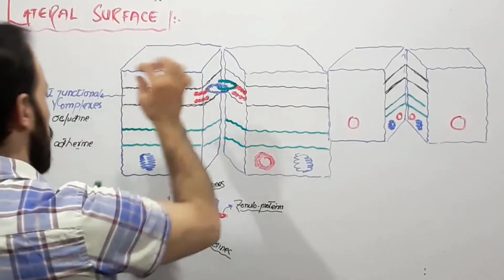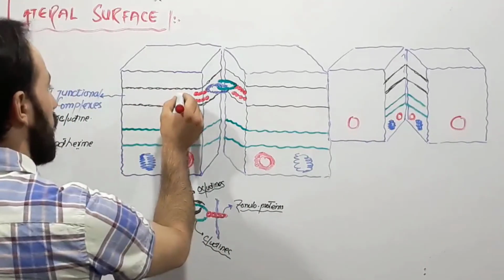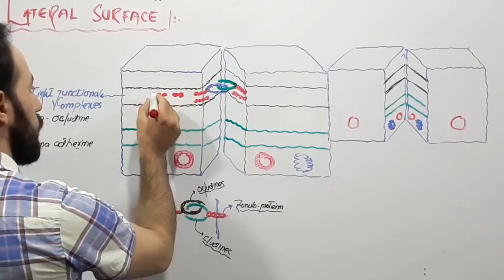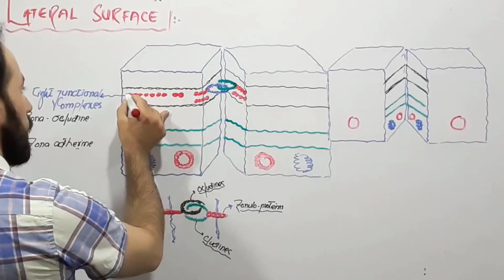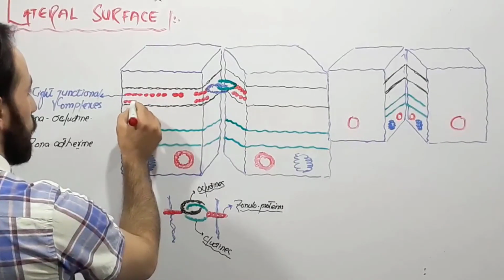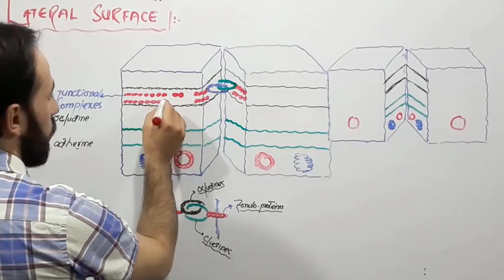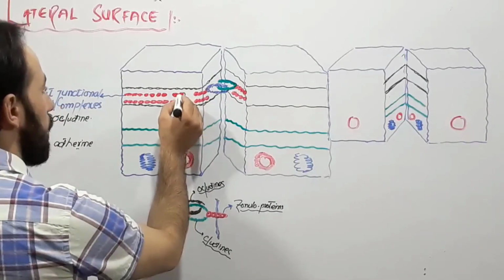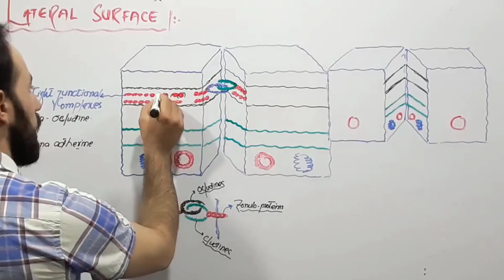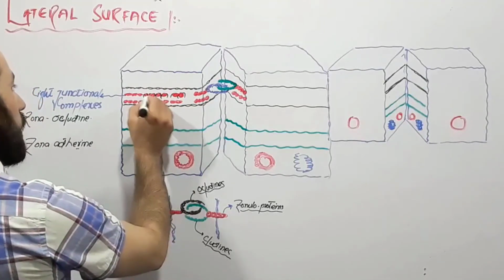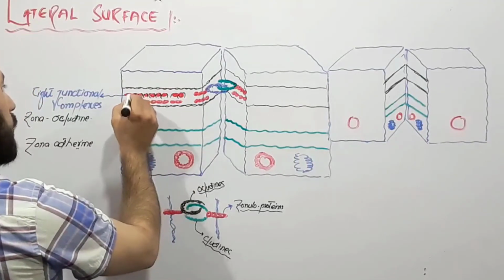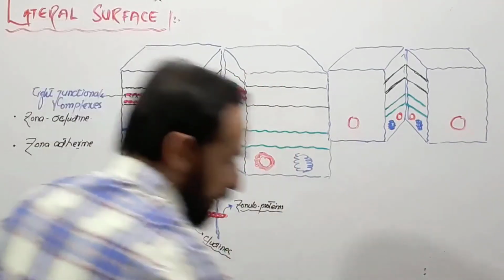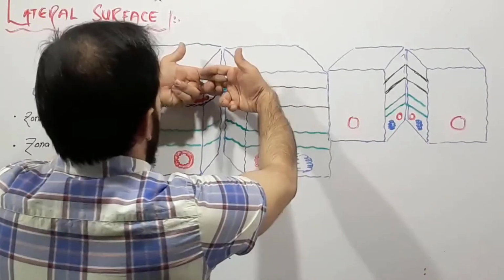So here are all these proteins found in this zona occludens. First of all, these are the zonular proteins, and from the zonular proteins there arise the occludens, and from one side there are occludens and from the other side there are occludens, and they make strong bonds like this.